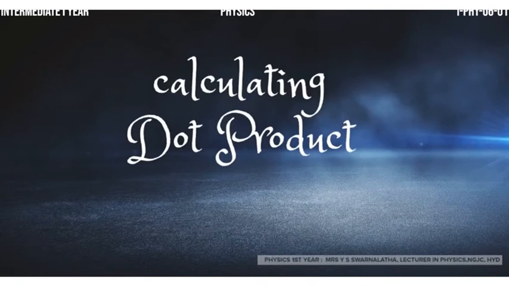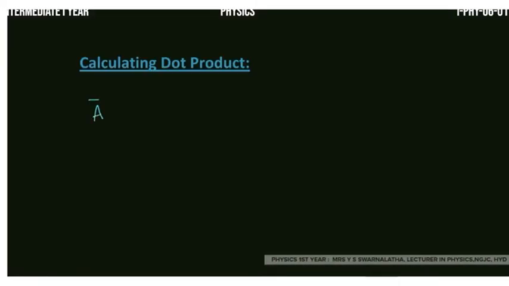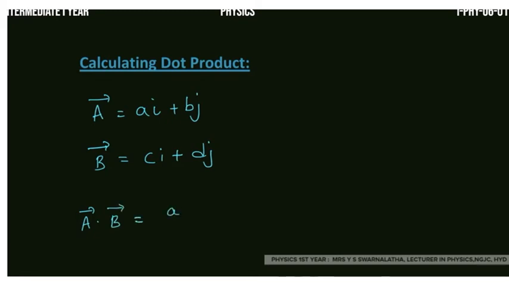What if the vectors are given in component form and we are required to calculate the dot product of the two vectors? Let us calculate the dot product. Consider A bar is equal to Ai plus Bj and B bar is equal to Ci plus Dj. Now A dot B is equal to (Ai plus Bj) dot (Ci plus Dj).